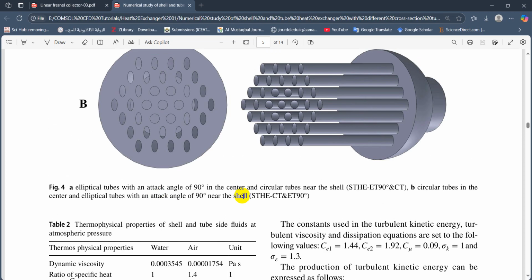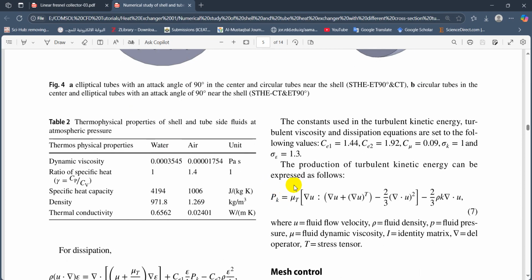All of these equations are modeled in COMSOL Multiphysics, and all of these values are, as you can see here, actually the same values as in ANSYS Fluent, which is another powerful software for solving heat transfer problems.